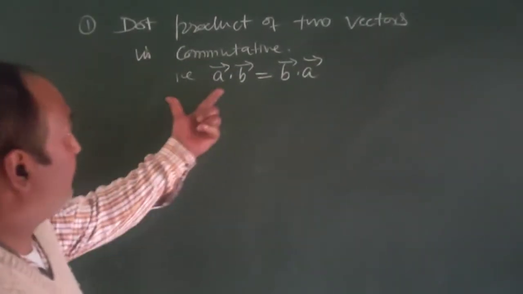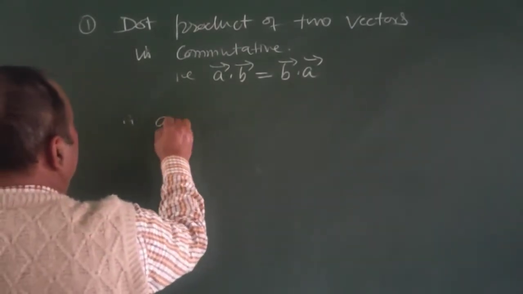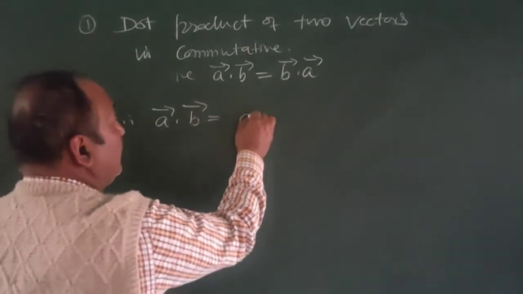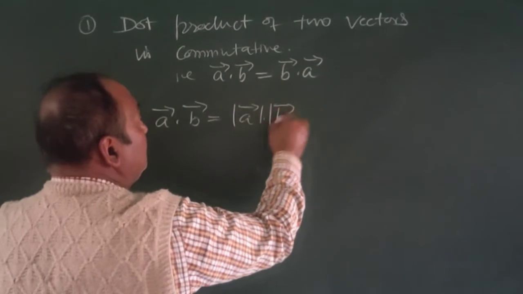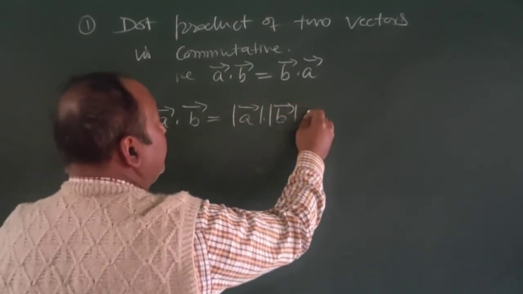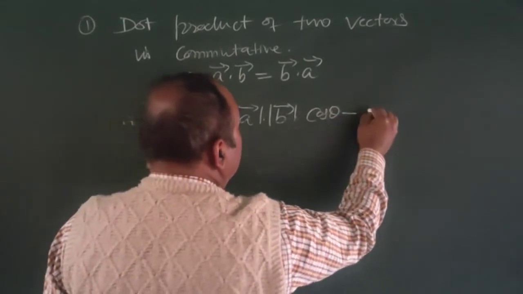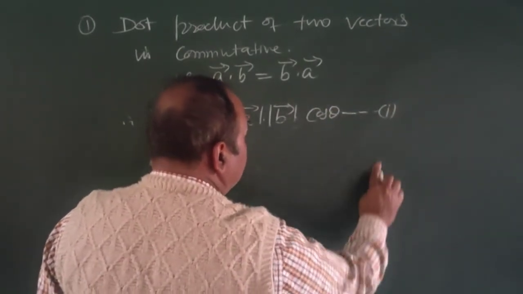Now let us explain this property. Because A vector dot B vector is equal to A vector magnitude into B vector magnitude into cos of the angle between them. This is equation number 1, and this is the angle.